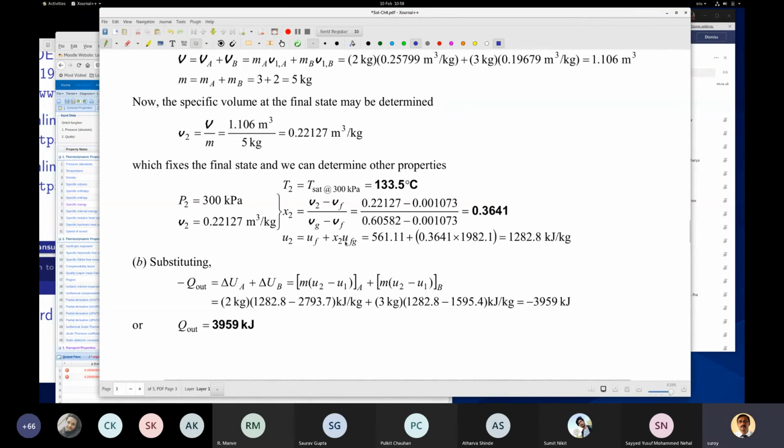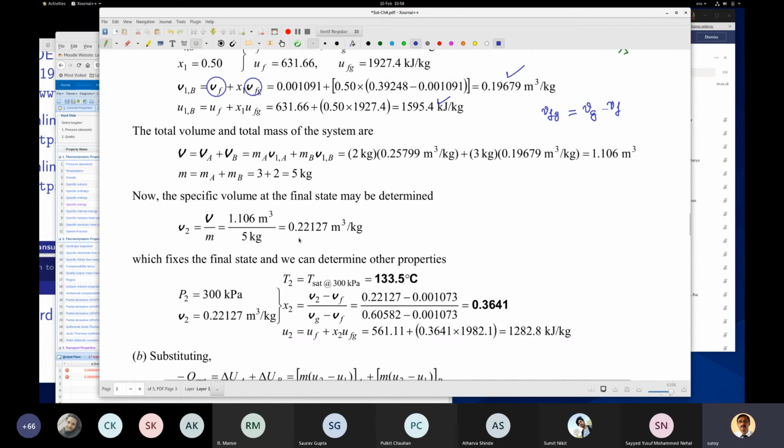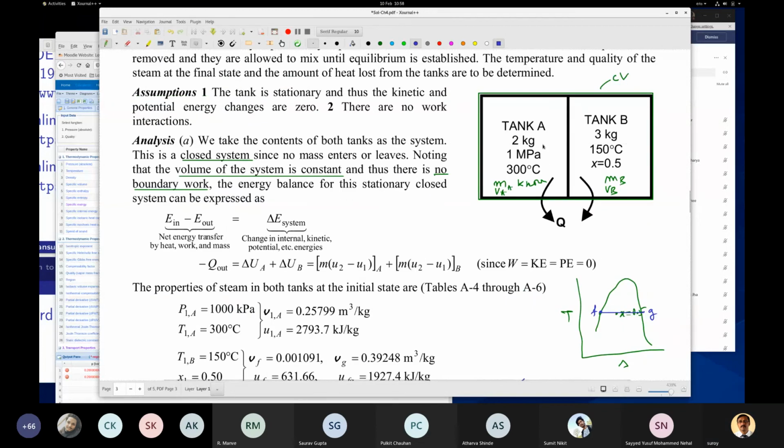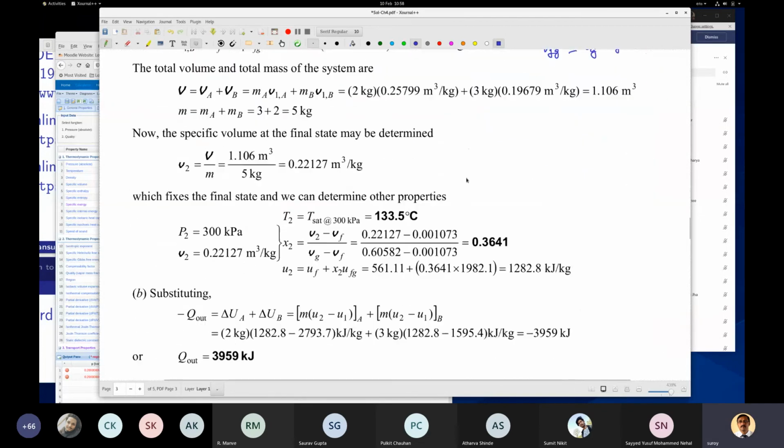So that way you are able to quote the specific volume, and the final pressure is also given. Determine the other properties.